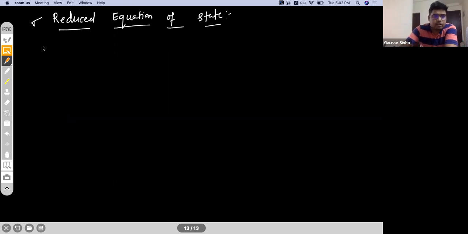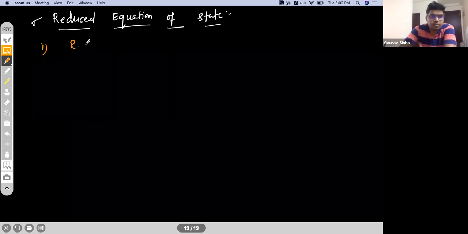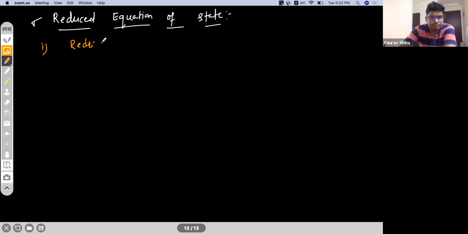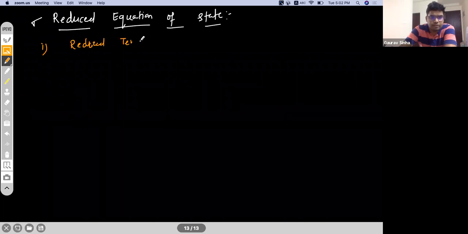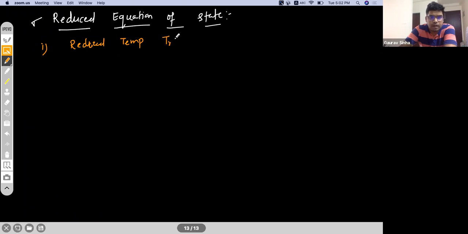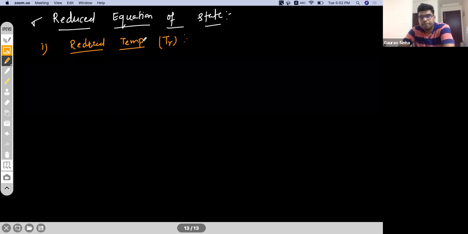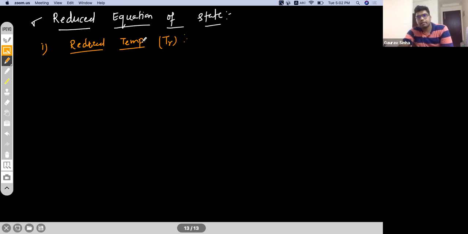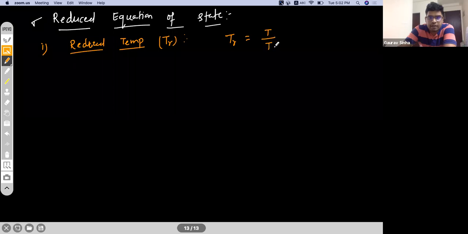Correct. So first of all, what is reduced temperature, Tr? Write down, it is the temperature with respect to critical temperature. So Tr is equals to T divided by Tc. This is reduced temperature.